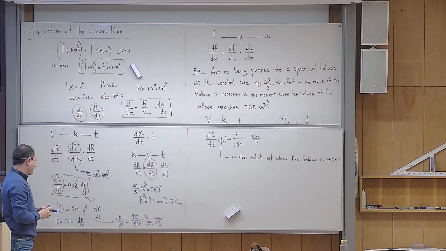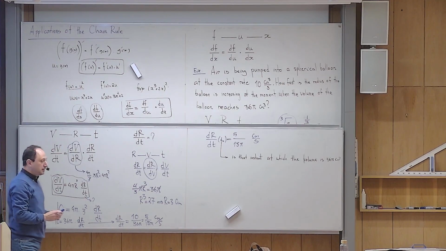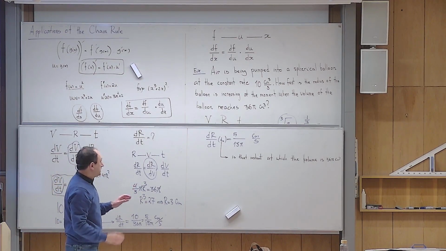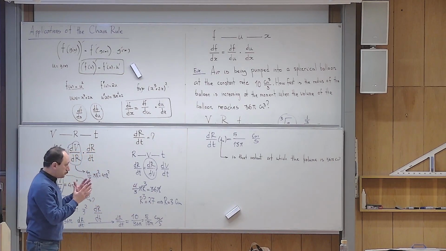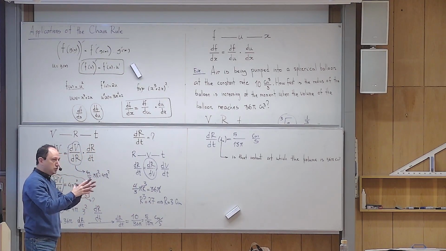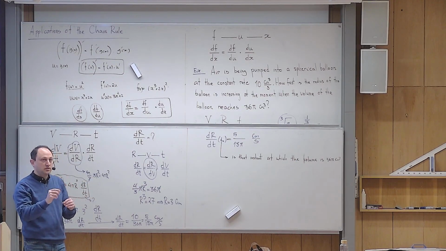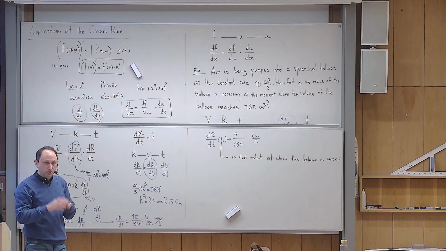Okay, now let me ask you one question. Before I solve the problem for you, hopefully this is your intuition, that when the balloon starts becoming bigger and bigger, the rate at which the radius is increasing becomes smaller. Is that right?